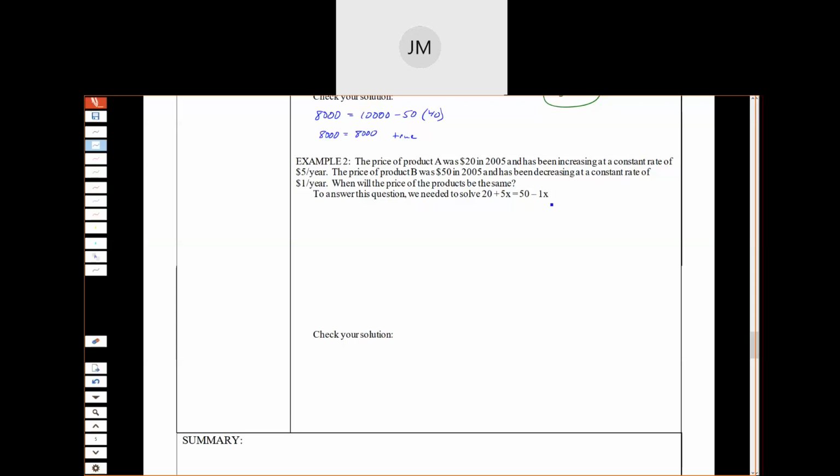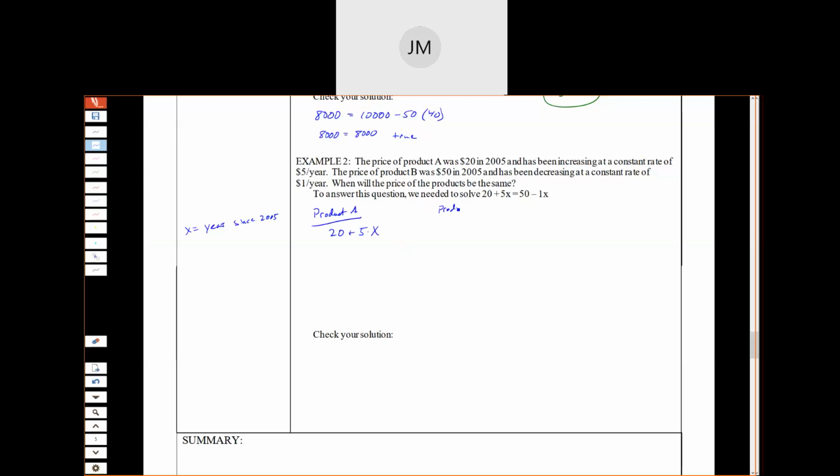Okay, so what we can do is say for product A, well, maybe even taking a step back, I'm going to make my variable the number of years since 2005. So then the price of product A is $20 plus $5 for every year since 2005.